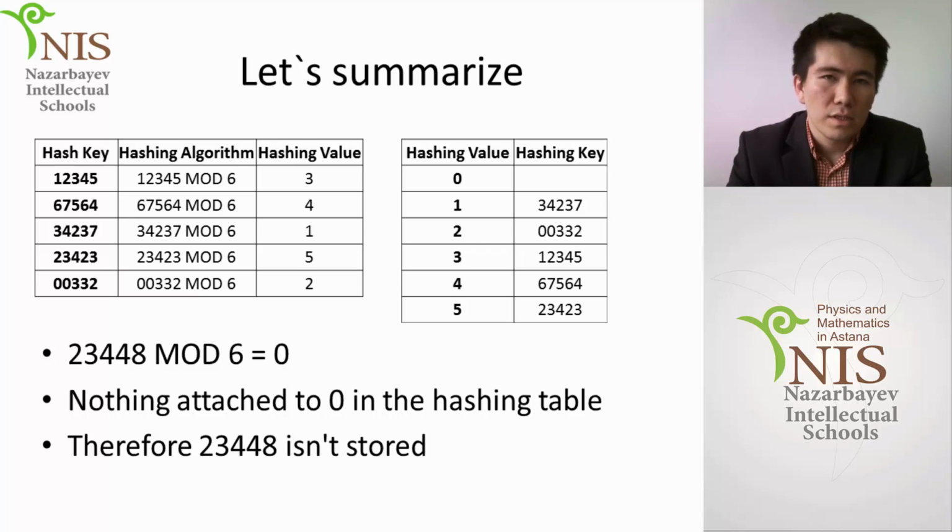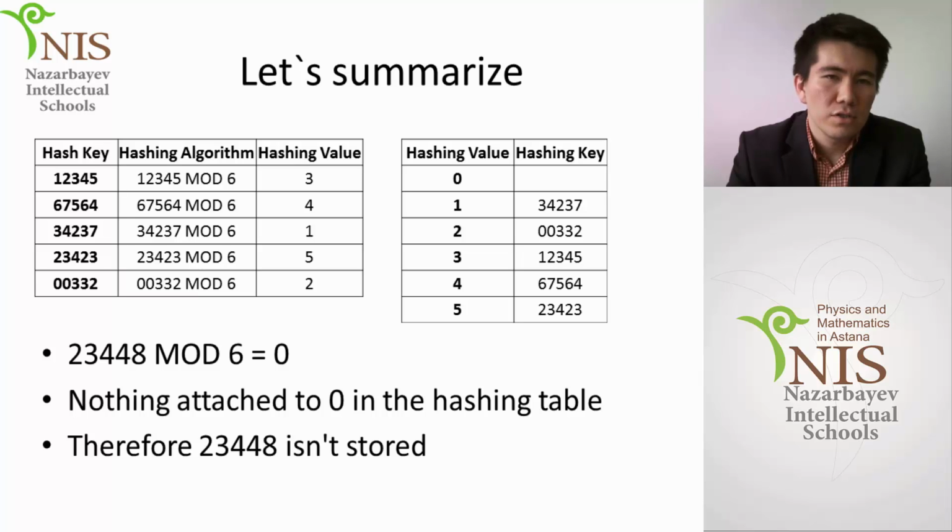So let's summarize now. As you can see here, this is a hashing table, and this is our hash key, hash algorithm and hashing value. This is our whole hashing operation. We take the hash key, divide it by 6 and calculate its remainder.